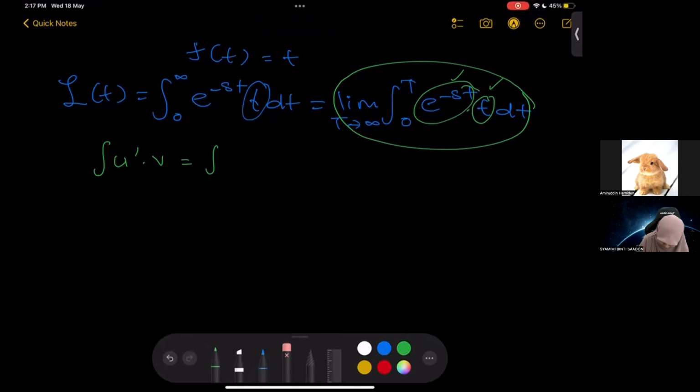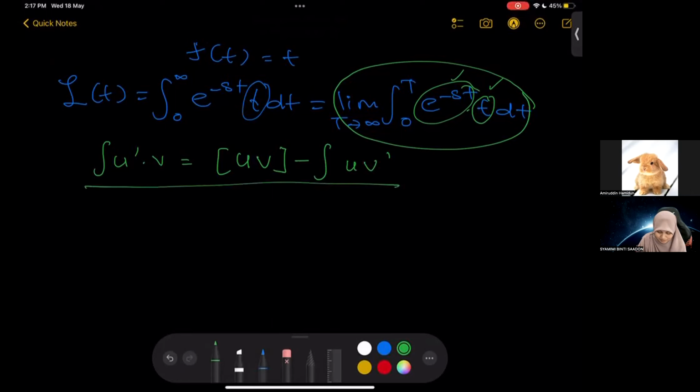Okay, u prime v equals uv minus the integral of u v prime. This is the formula to integrate this type of function: if you have two functions u and v, we transform the integral into this form.